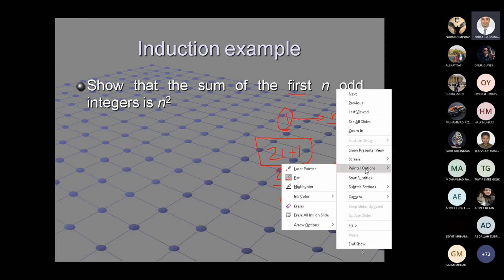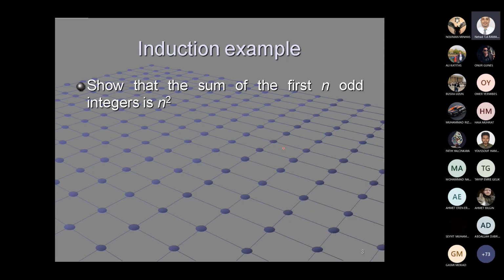Okay, so this is only thinking about the question. This gives you only an example of the meaning of the question. If we have n equal 5, for example, the sum of the first 5 odd integers is n to power 2.